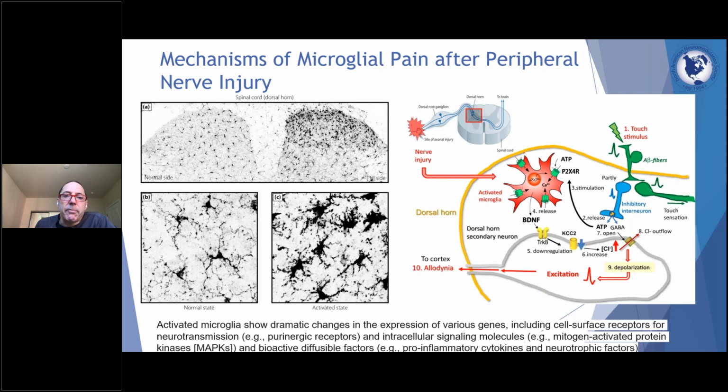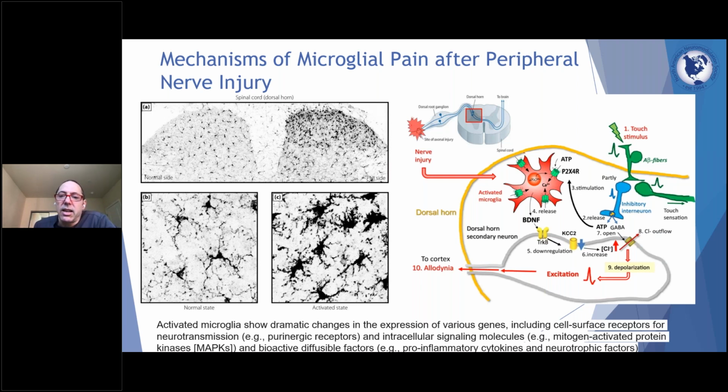But as you can see in a spinal cord to the left, if you look for MAP kinases and other signs of microglial activation, on the side of nerve injury, you can see an upregulation and activation of these cells.